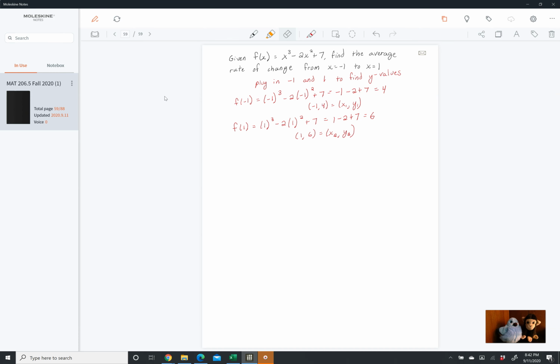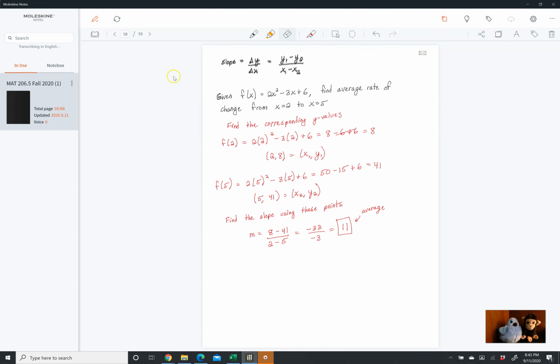Now we find the slope. So slope starts off with y2 minus y1. Our y2 is 6. Our y1 is 4. So we're doing 6 minus 4. Okay. Then we're going to do the same thing. Now, I realized in the last one I wrote y1 minus y2. This is the same thing as y2 minus y1 over x2 minus x1.